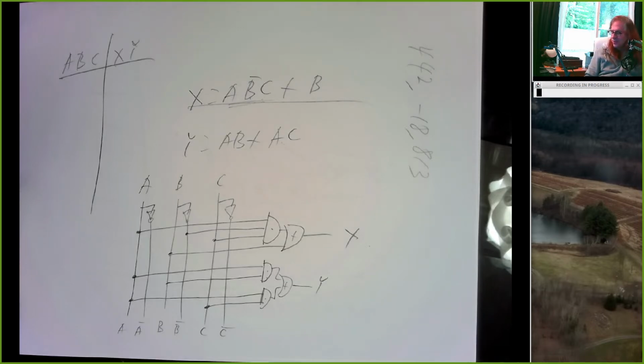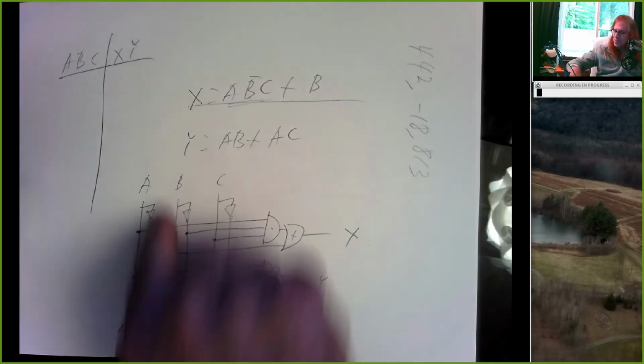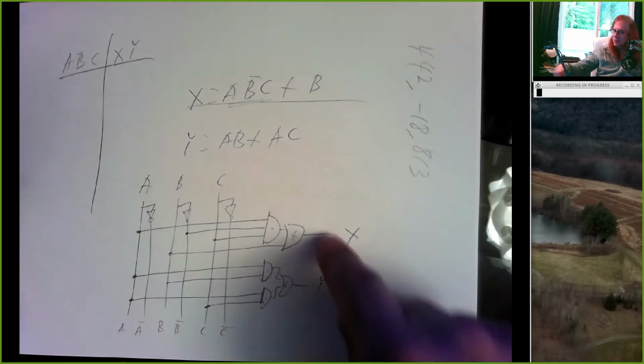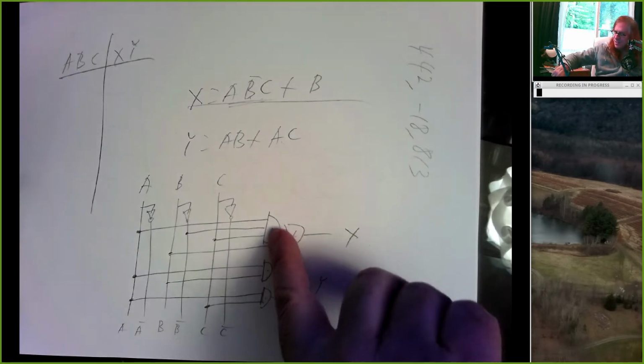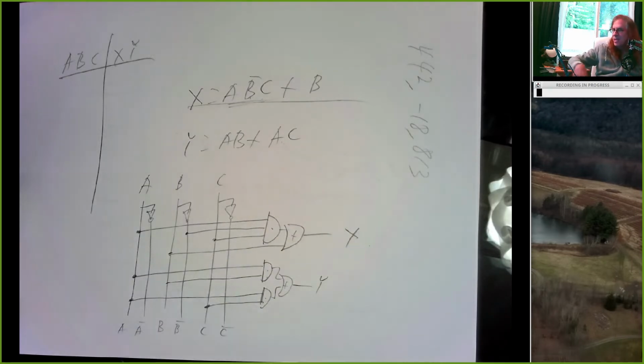If something's going wrong and Y is not doing the right thing, I can go back and I can pretty easily confirm whether or not Y matches this equation. So I suggest doing it like this. Run your inputs vertically, make their complements available, and then just come across into the logic gates. And for a product of sums, right, this level is OR gates and this level would be AND gates, but it's the same approach basically.